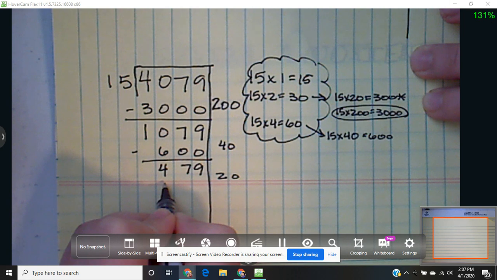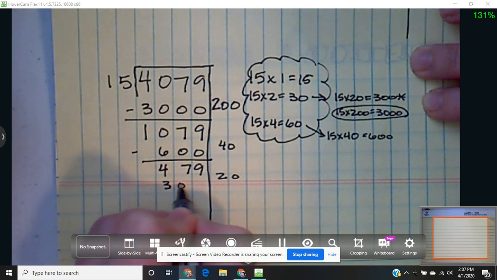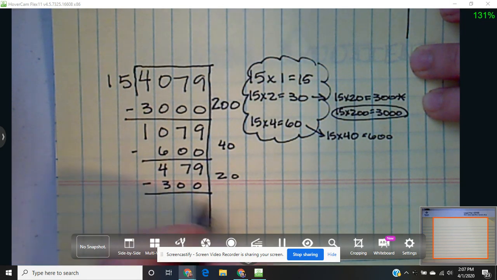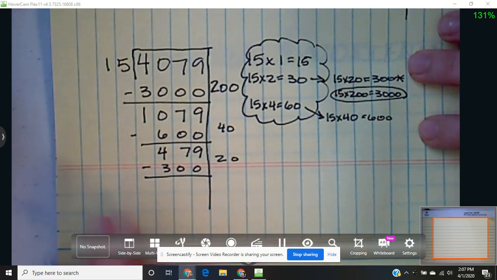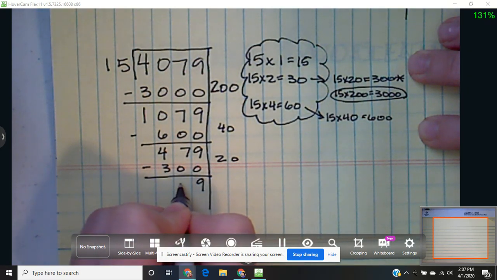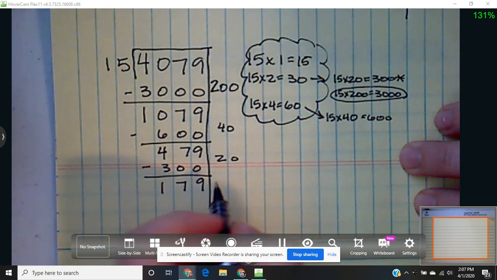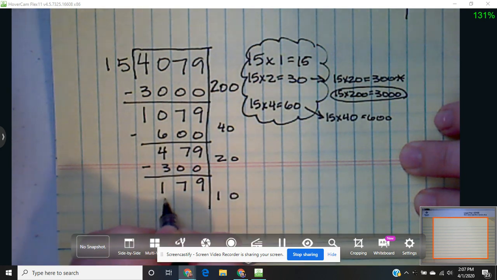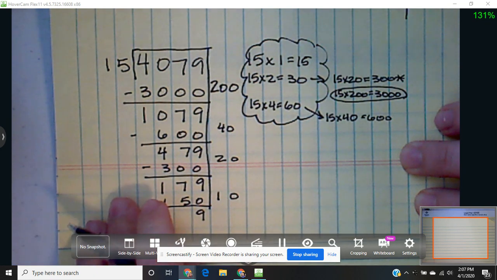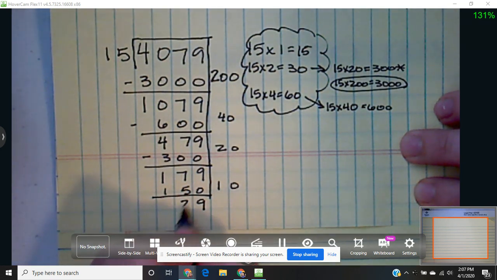So I'm just using the ones that I'm confident in to help me get down to my answer on my quotient. I'm going to do a group of 10. And now I'm to 29.